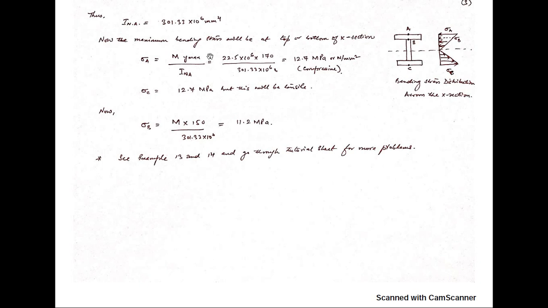Why is it the same? Because all the quantities are the same over here, but the action is different. It will be tensile, and the other will be compressive. Okay, and this is at B. How can you calculate at B? So y will be 150 over here.